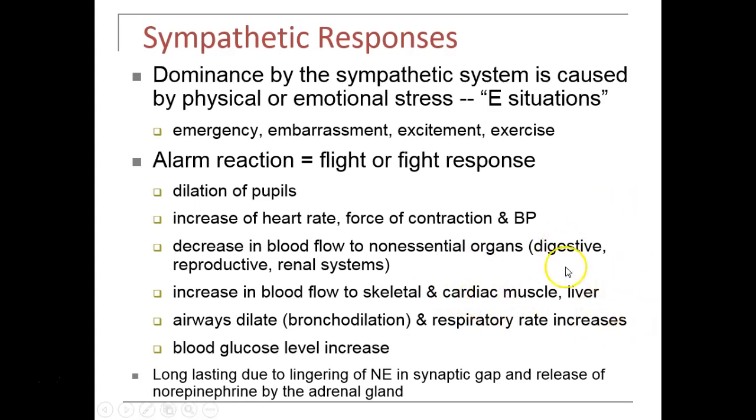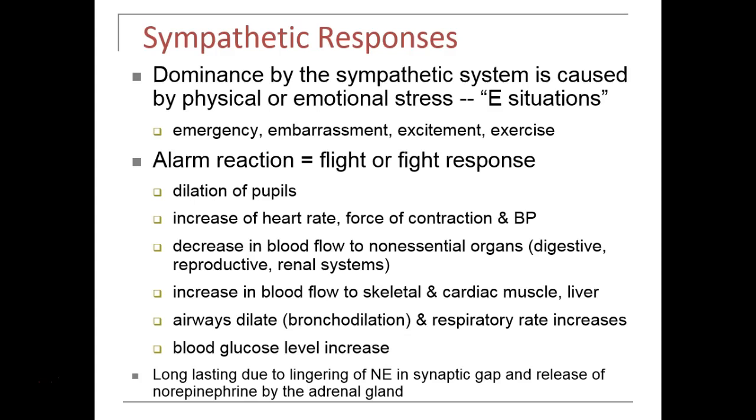Now the reason why your liver is important is because your liver stores sugar. And during a fight or flight response, a sympathetic event, your blood sugar levels go up a little bit in your blood. The reason for that is because the sympathetic nervous system activates the liver to release sugar into the blood, really via two things. We'll learn more of this later, but it's called glycogenolysis and gluconeogenesis.